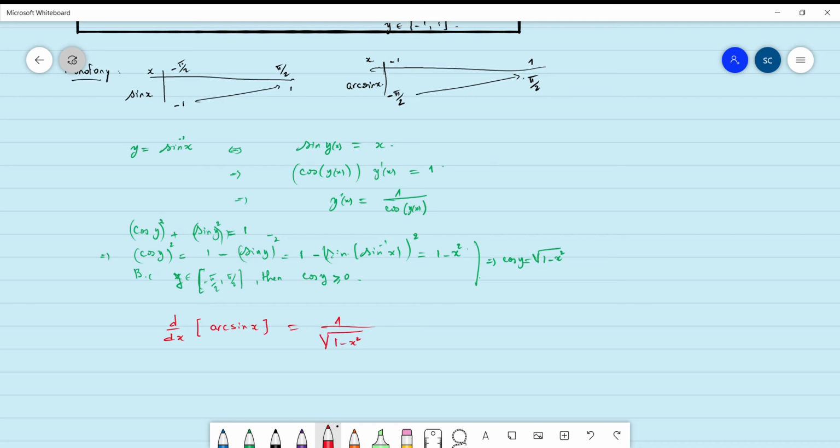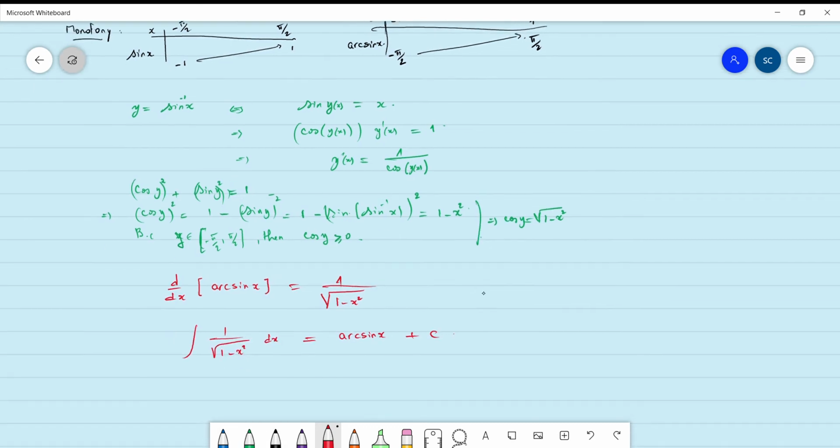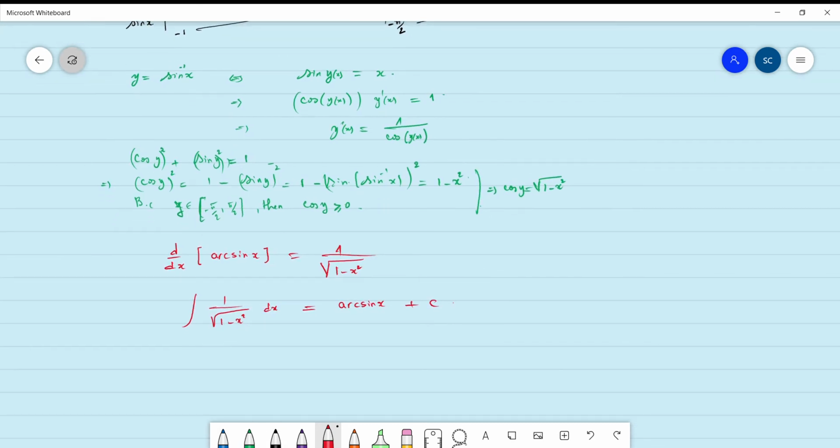So it is defined by functions that we know how to manipulate. And since we have this, we deduce immediately that an antiderivative of this function is now well known: arcsine of x plus a constant. So you see, we have two new things now: a derivative of a new function and a new antiderivative.